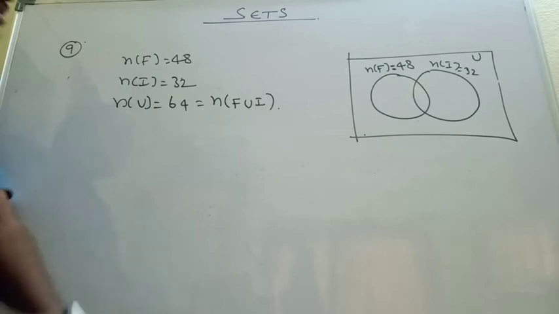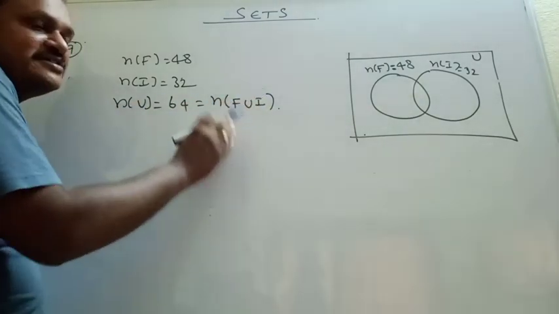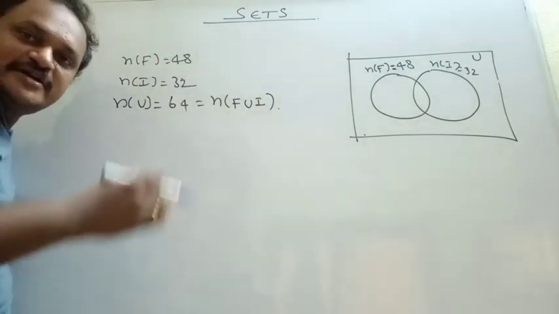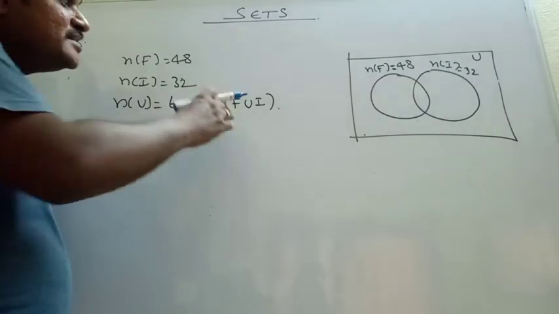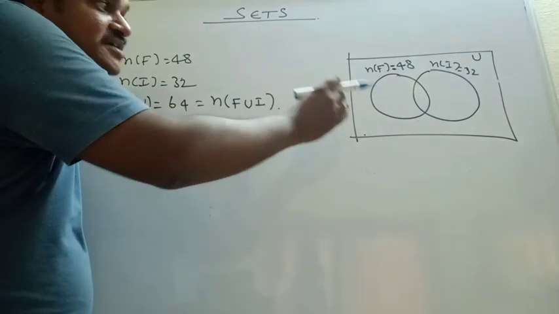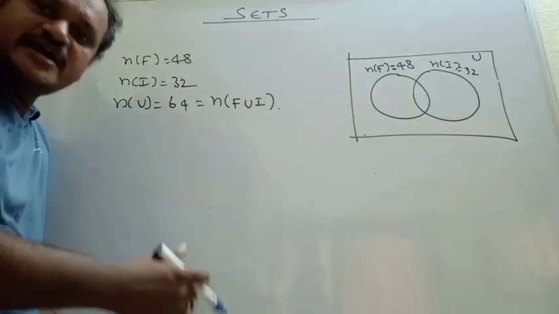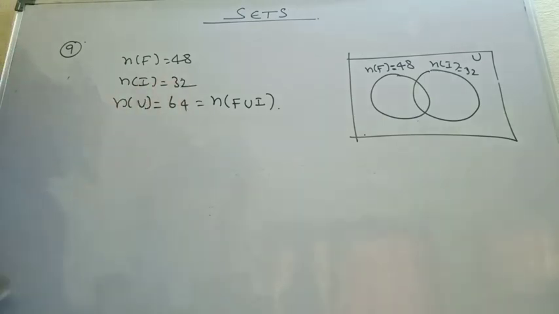That means our universal set is equal to F union I. Otherwise, they might have given that some ladies will not read either Femina or India Today, but they have clearly not. Therefore, what we need to find is how many read only one magazine.